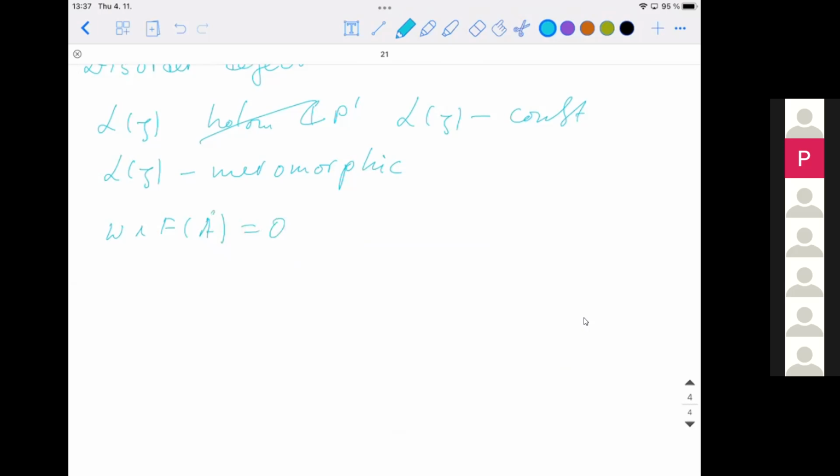With the gauge transformation like this, it's still the same.